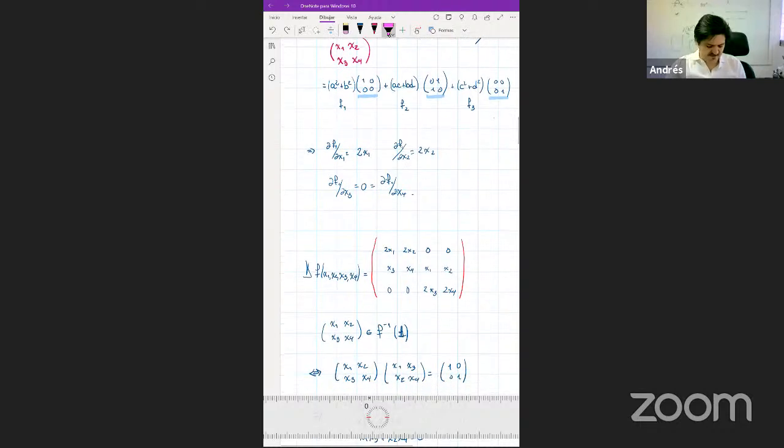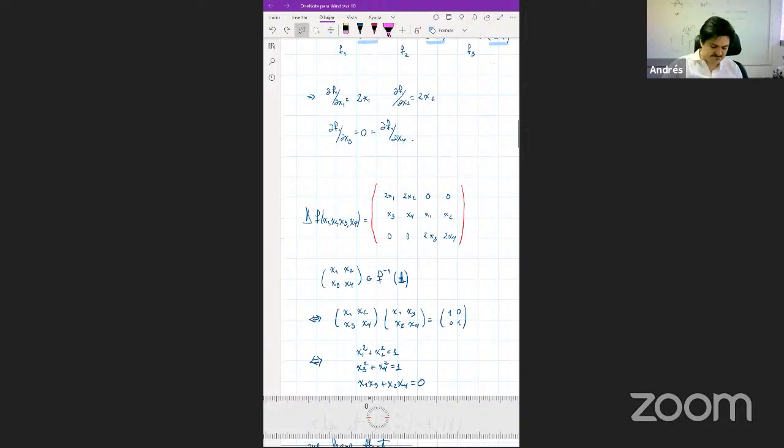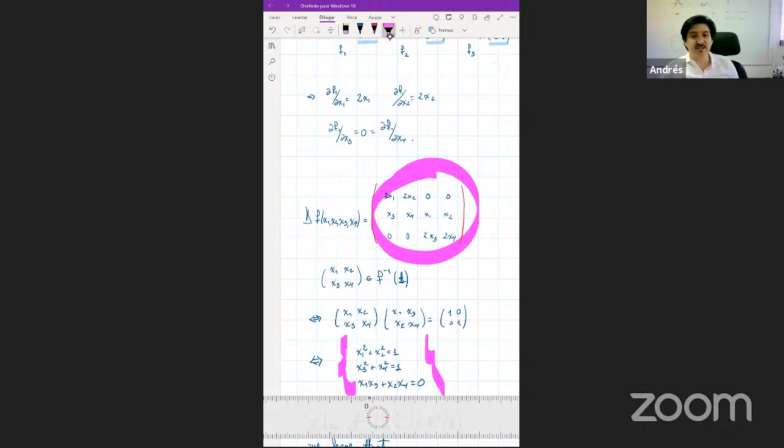That means that this equation must hold for this matrix. And that will lead us to three equations. So what I want to show is that for x1, x2, x3, and x4 that satisfy these three conditions, this matrix has rank 3.